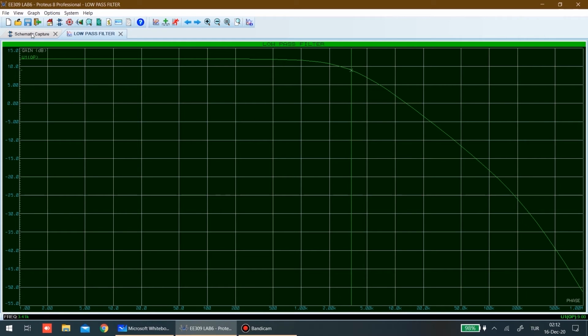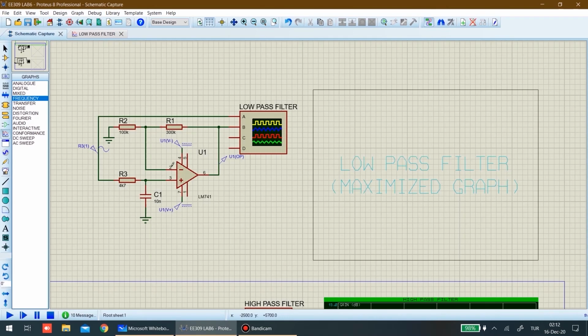In order to make sure that the Bode plot is correct, let us check.